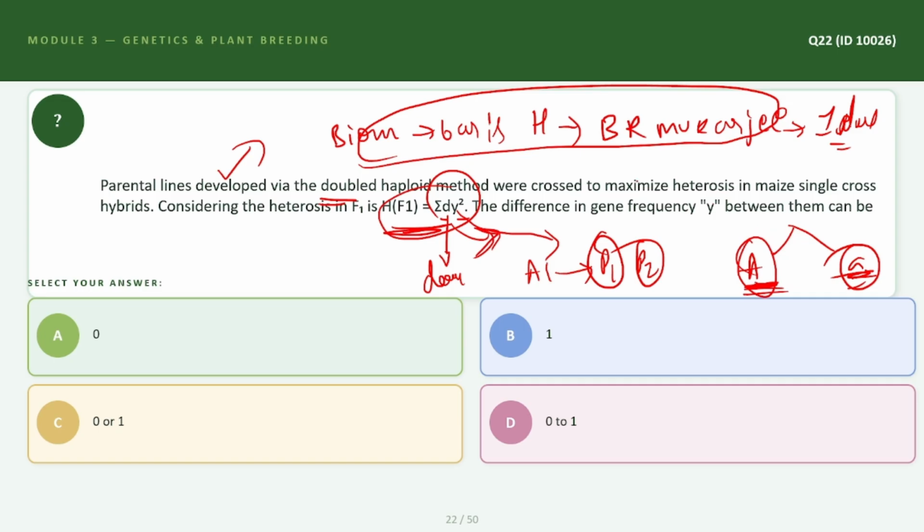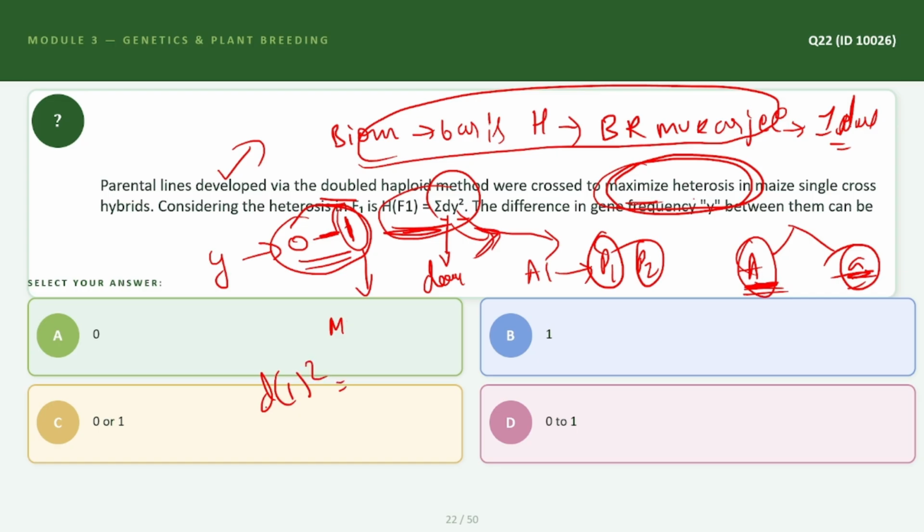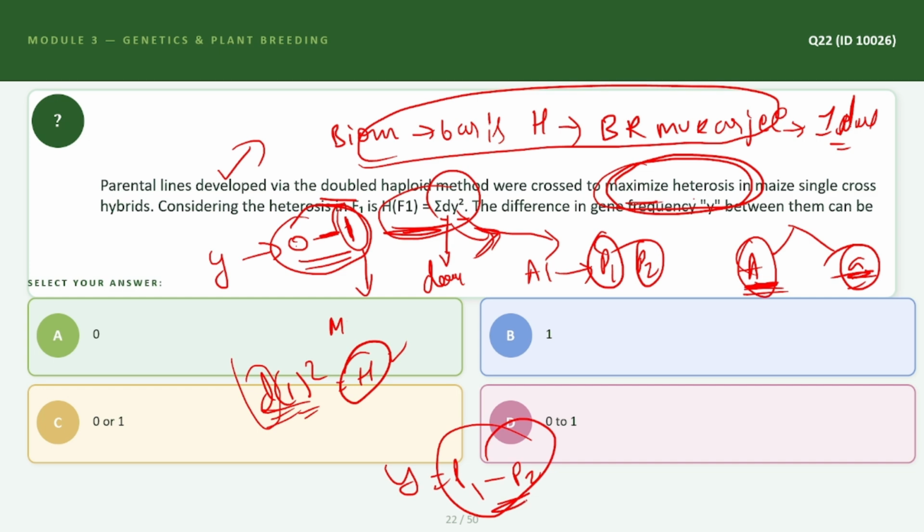If you need to maximize the heterosis, see, they're asking about maximizing the heterosis. See, why take the value from 0 to 1? Okay, 1 gives you the maximum heterosis. D times Y square means definitely it increases the heterosis. If it is 0, then definitely the total value becomes 0, and heterosis will become 0. Y is equal to P1 minus P2, the allelic difference between the two.